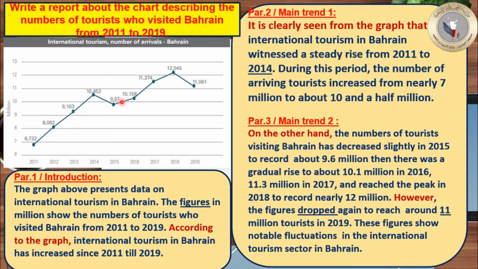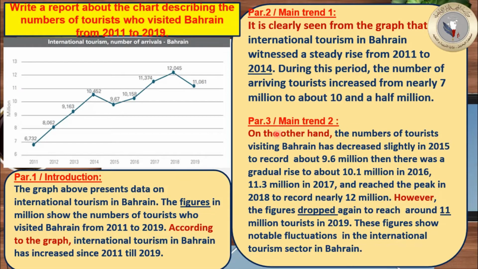So during this period the number of arriving tourists increased from nearly 7 million to about 10.5 million. I use nearly because it's not exactly 7. If the number is not exact, I can use around, nearly, about. All of them are all right.